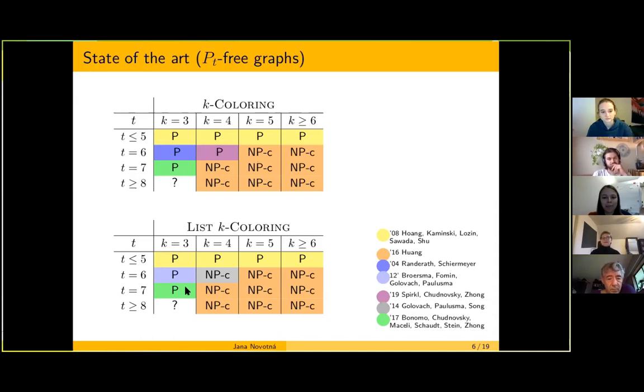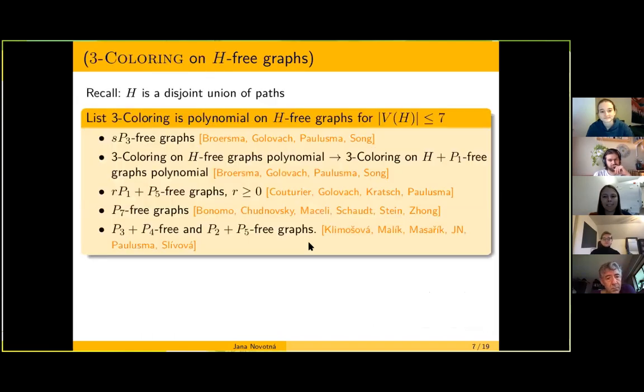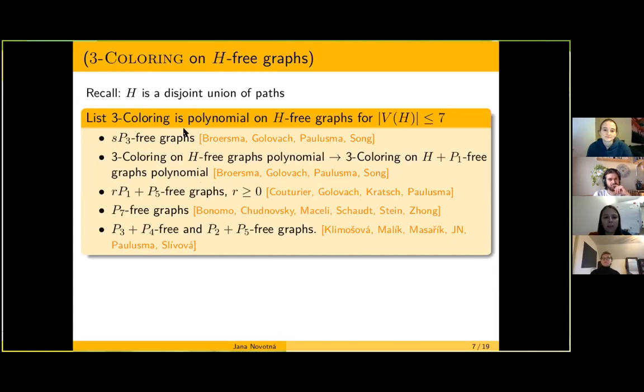These were quite nice results, and it's nice to see that the complexity can differ in these cases. When H is disconnected, so as I said, H is a disjoint union of paths, there are also many results, and currently we know that list 3-coloring is polynomial-time solvable on H-free graphs if H has at most 7 vertices.